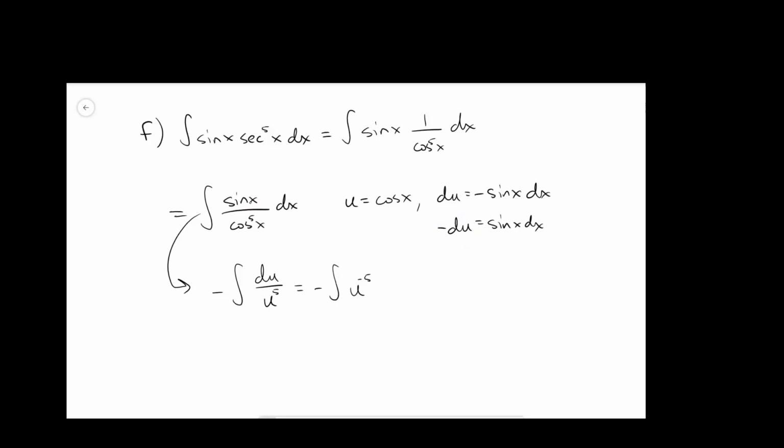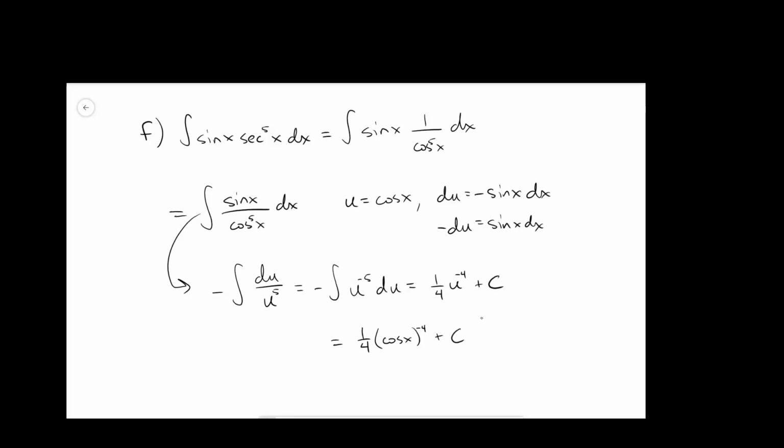If you rewrite it like this, u to the minus 5, the antiderivative of that is going to be negative 1/4, but it'll cancel with the other negative, u to the minus 4th.